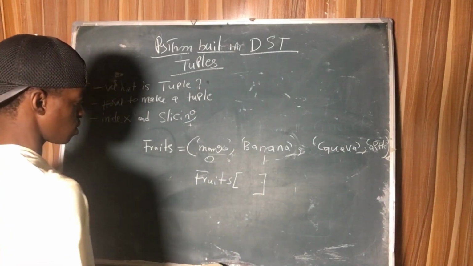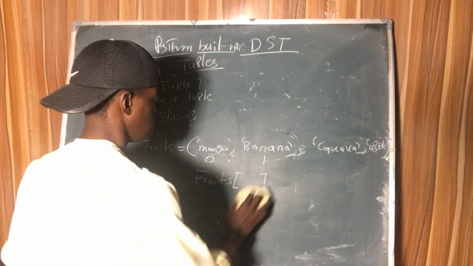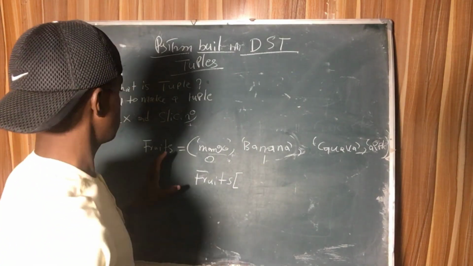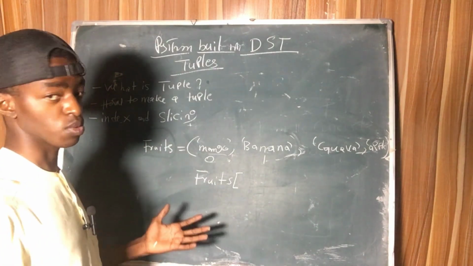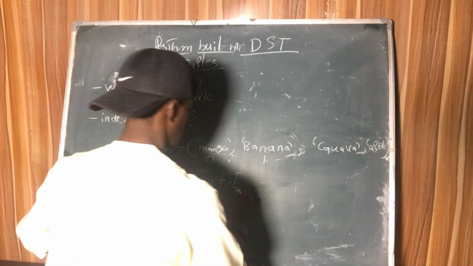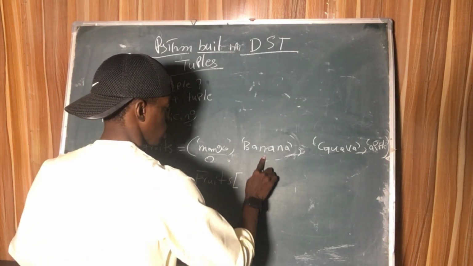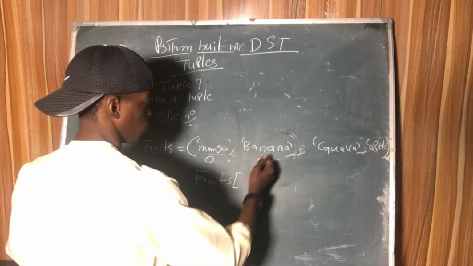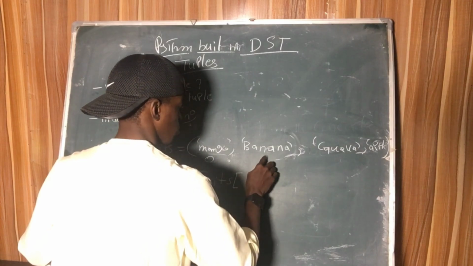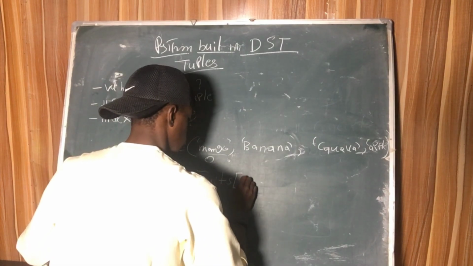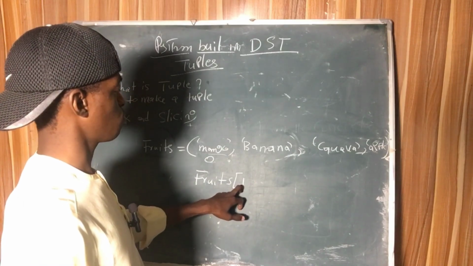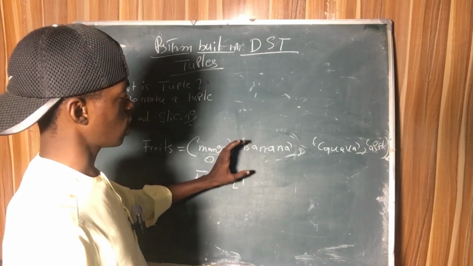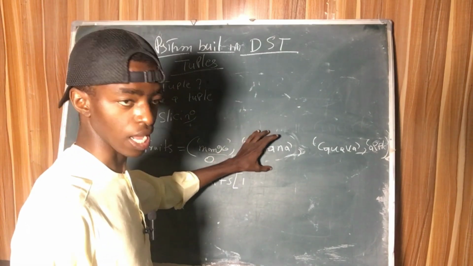Inside the square bracket, the first number tells the Python interpreter where to start looking for the element I want, which is the start. If I want to start cutting from the first index, banana, then I will put 1.